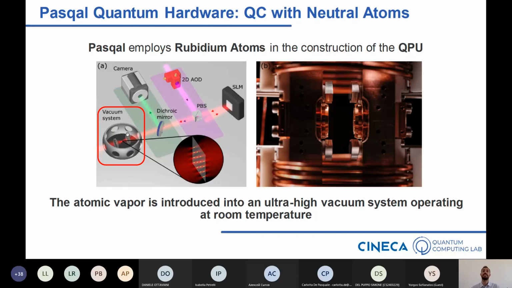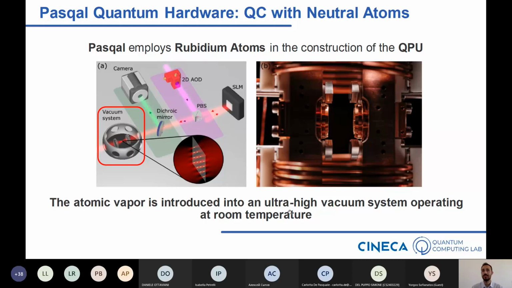Then another nice thing about rubidium atoms is that they are in a vapor state at room temperature. So you don't have to cool everything down to absolute zero, like in superconducting or other technologies. Here you can stay at room temperature.